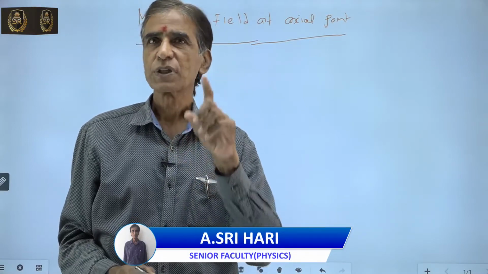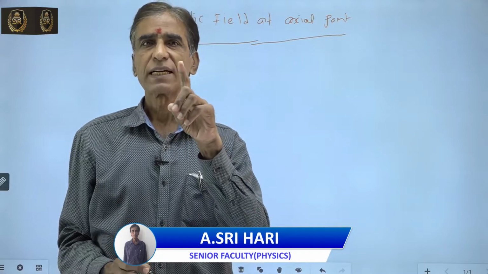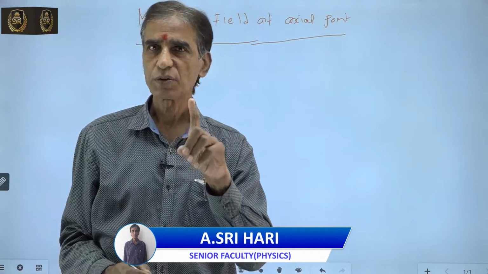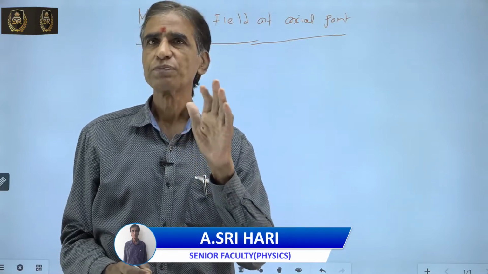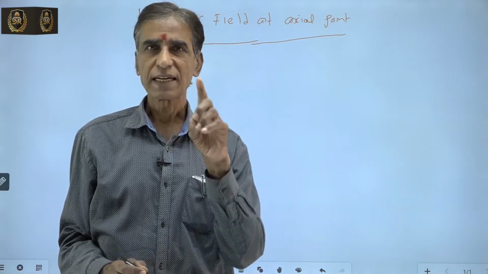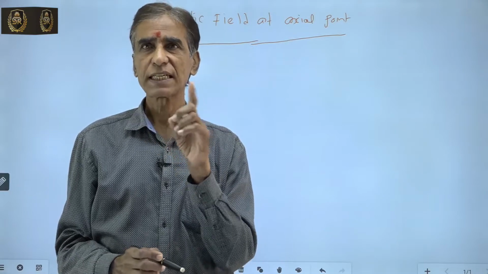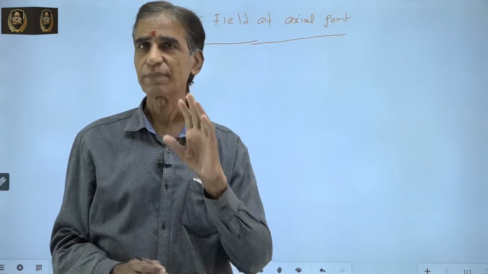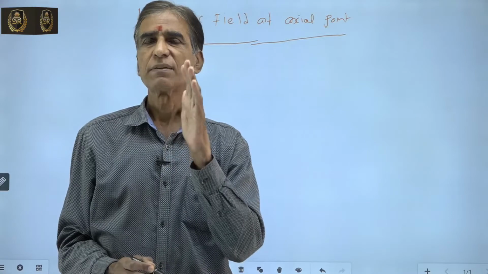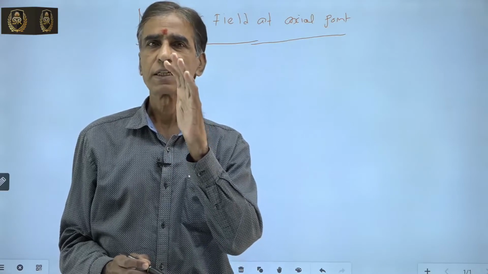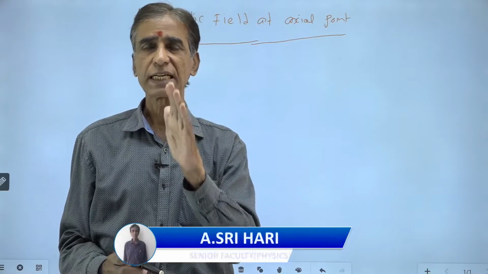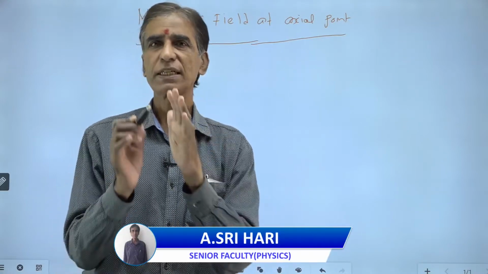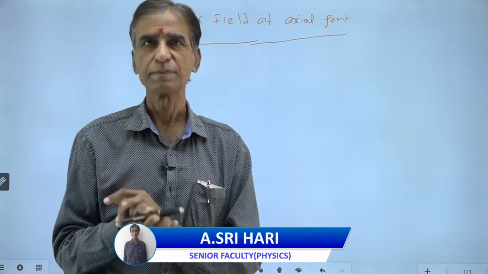Number 1, the magnetic field lines are always perpendicular to the conductor which is carrying the current. Number 2, the magnetic field lines are concentric circles around the conductor, and number 3, the magnetic field depends upon the distance of the point from the current carrying conductor. Okay, those are the 3 points that you have to keep in mind.